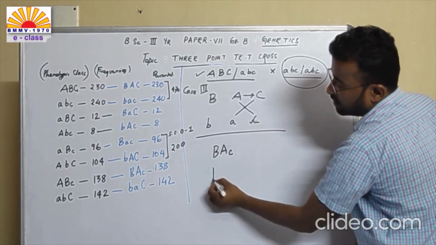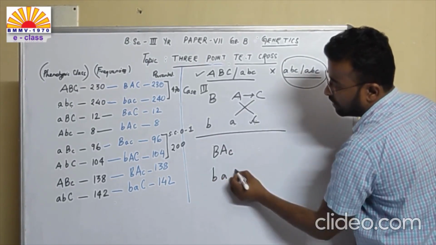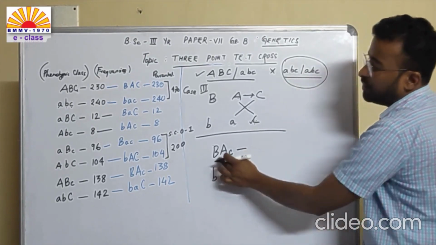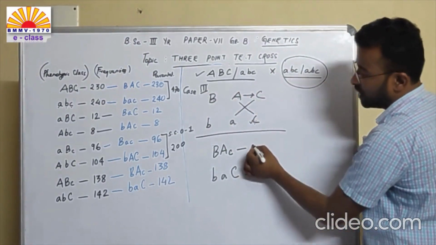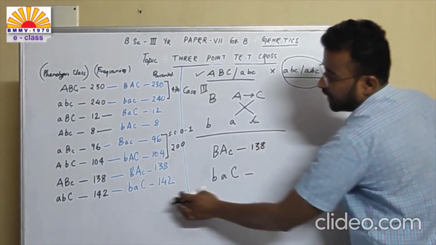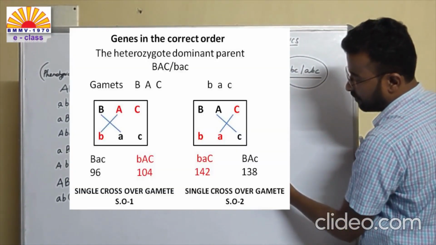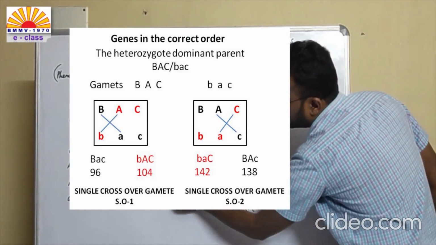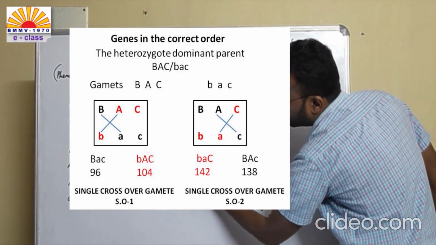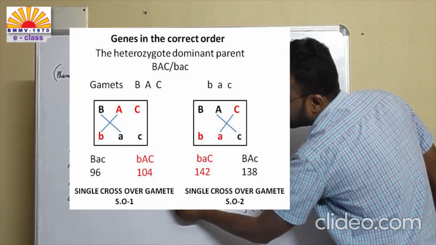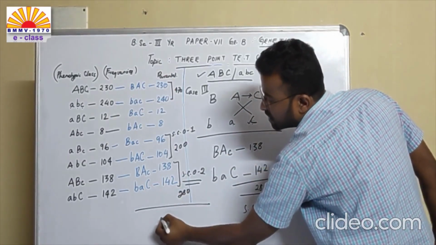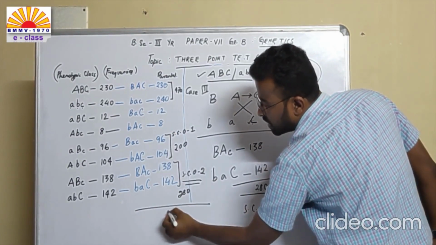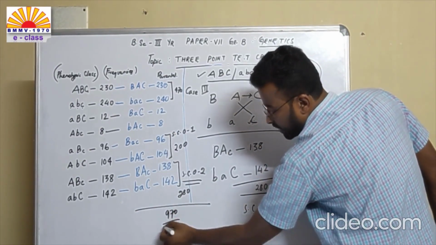And this is B, A and capital C. B, A and small c will be 138. And this will be 142 here, single cross over 2 and total is 280. The altogether total of all these gene frequencies is 970.